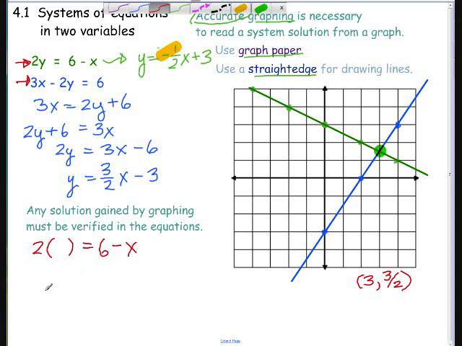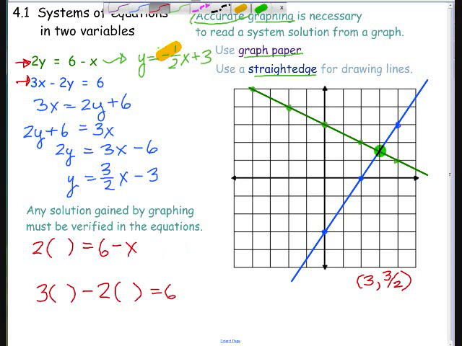And I'm also going to verify the other equation, which is 3x minus 2y equals 6. So let's pop the values in. We say that the point that these two lines share should be true for both these equations. X is 3.